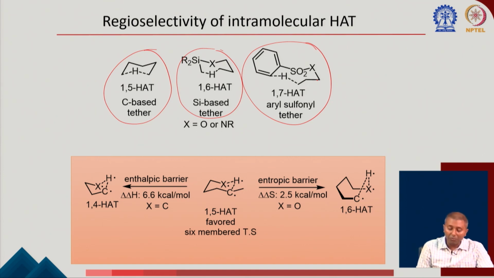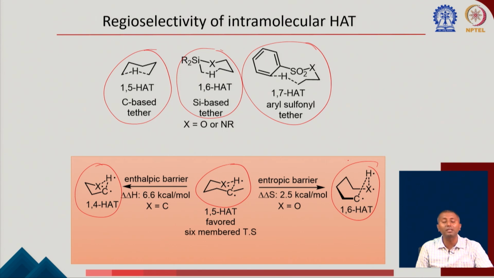Once you have this 1,5 hydrogen atom transfer, the question always arises: why not 1,4, why not 1,6? Of course, the answer to this question was given mostly by theoretical calculation, where they found that 1,5 hydrogen transfer is favored because of the formation of this six-membered chair-like transition state.